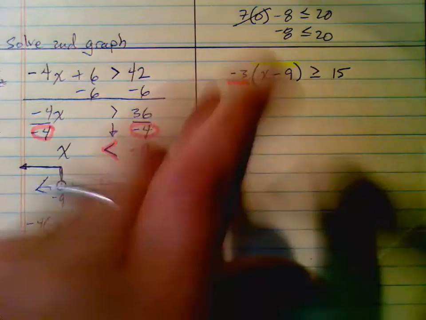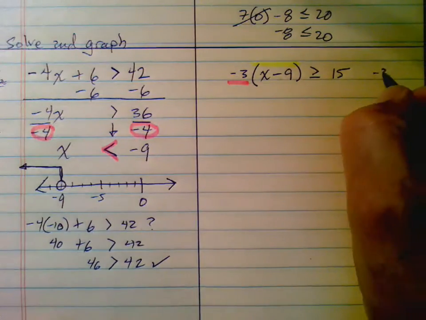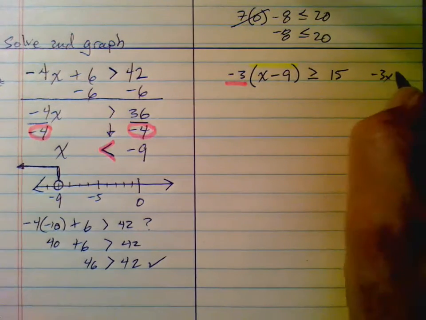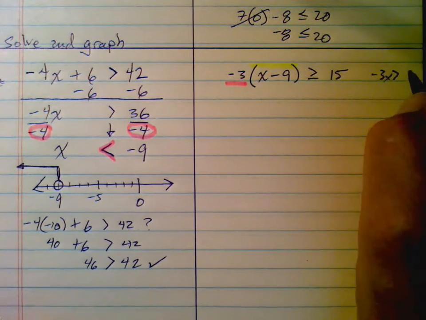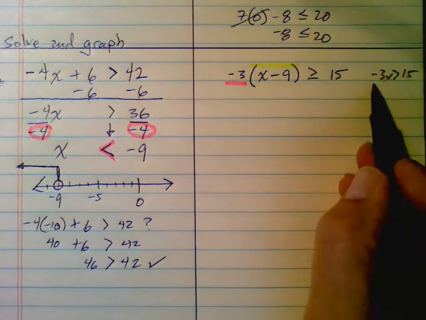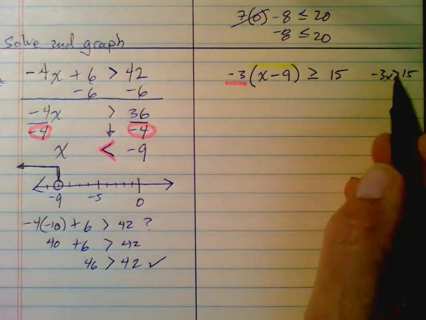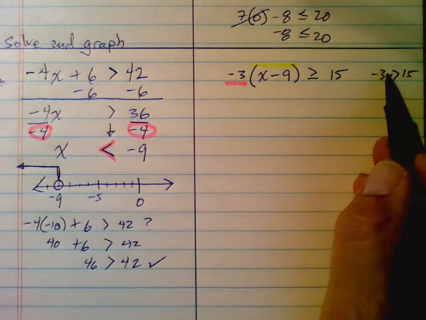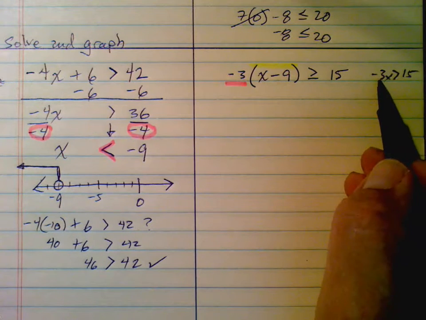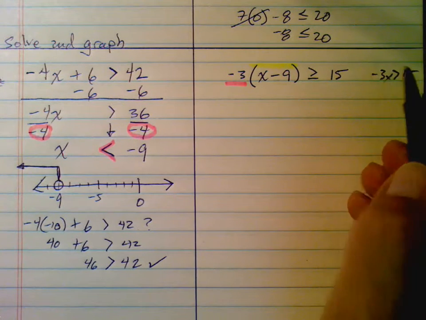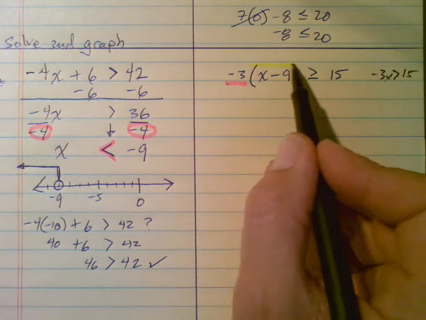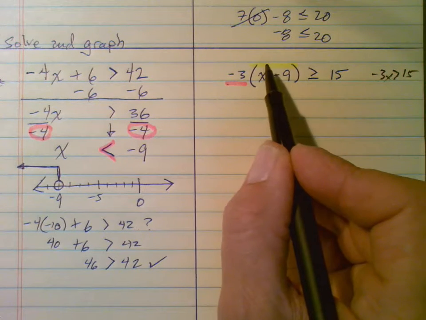So I can almost think of this problem like this: negative 3x is greater than 15. Here are my two factors, negative 3 and this other term x. I only write this to help you see that just as these are two factors, negative 3 and x, these are two factors, negative 3 and everything inside this parenthesis.